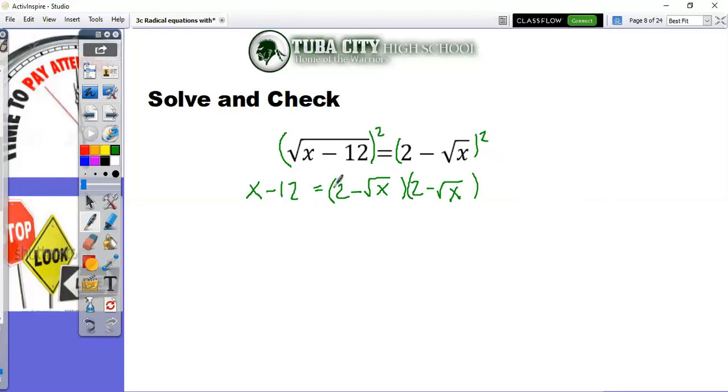So I'm going to have to use my FOIL, which is first numbers. So I'm going to move this down. So first numbers is 4. And then outside numbers are -2 root x. So that's these 2 numbers here.